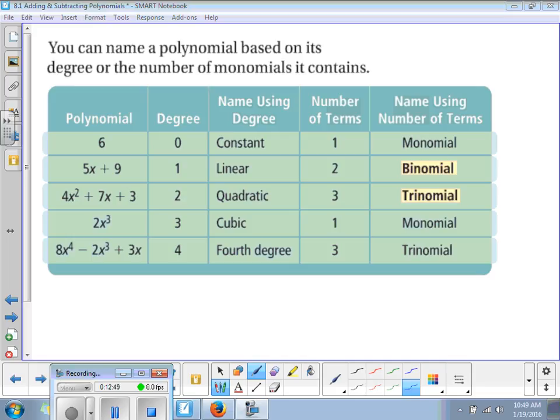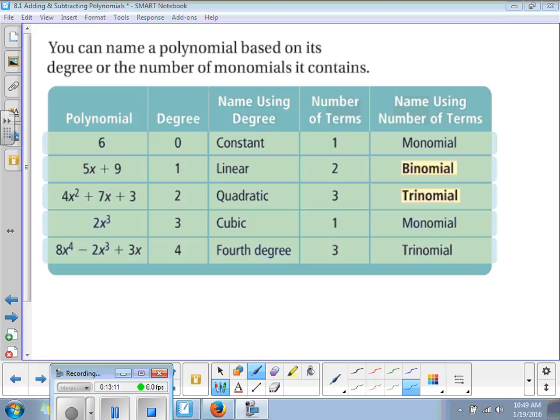Okay. Also, if your polynomial is to the degree of 2, it's a quadratic. Of course, 2x to the third power means it's a cubic, right?